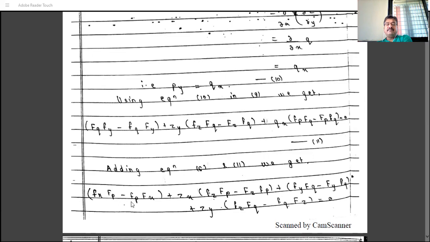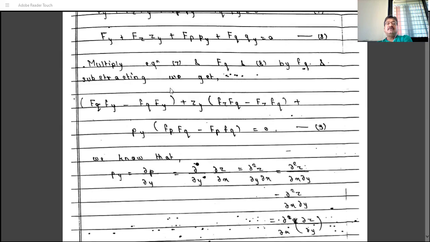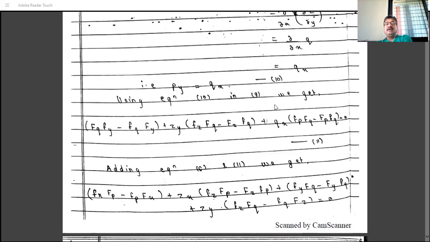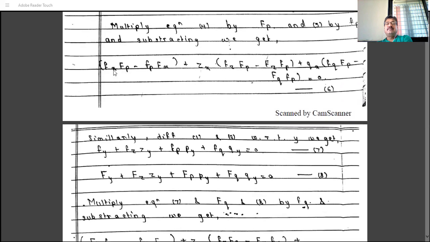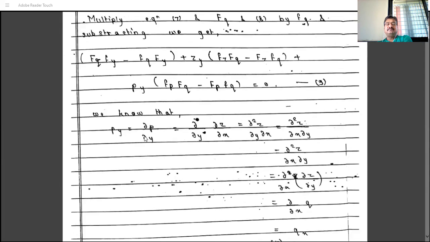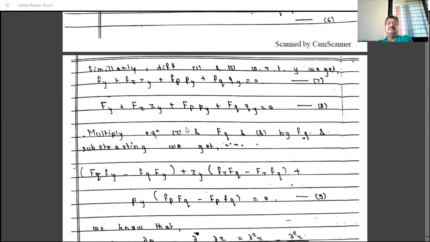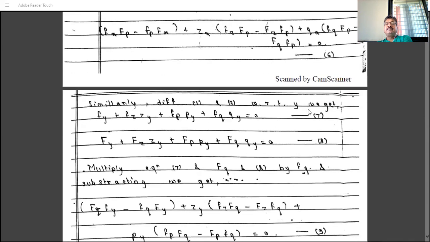So we have fx fp minus fp fx, that is equation 10, equation 6. Equation 6 is this. So fx fp, fx plus zx, plus zx, equation number 6, this quantity.